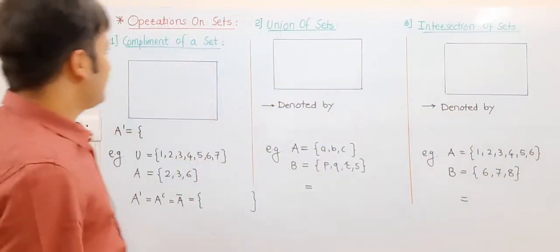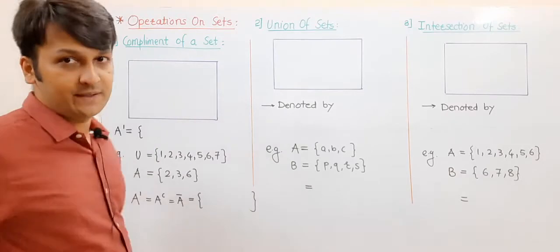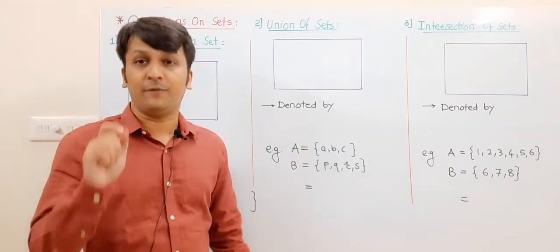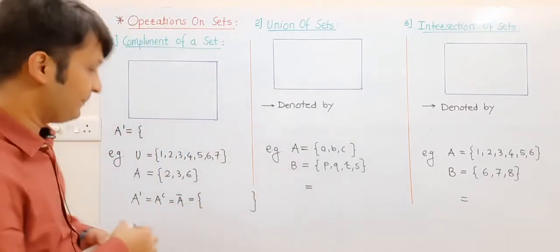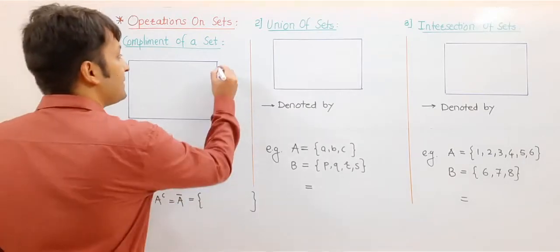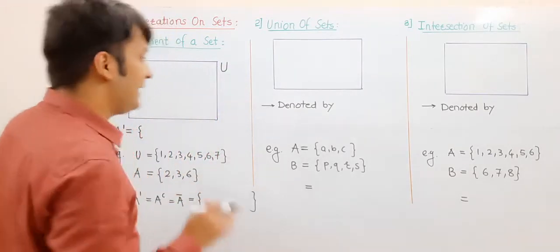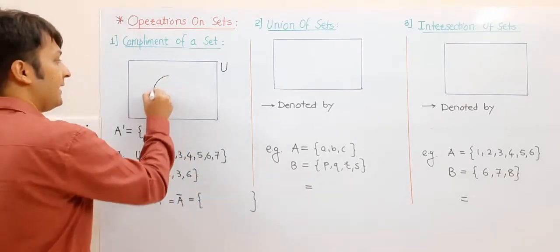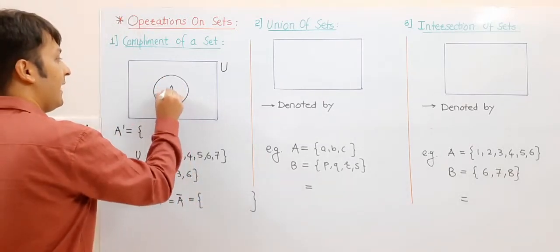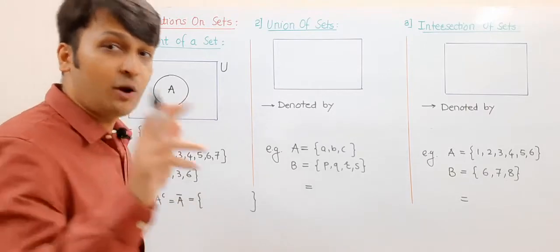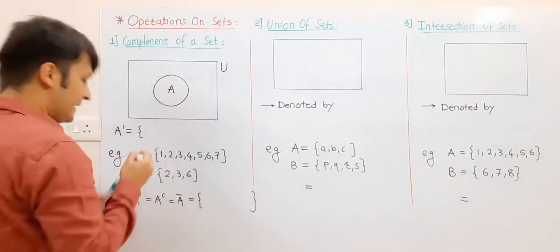Check this. The first operation is complement of a set. Check how to work on this one. Let me consider this as a universal set. I will consider the whole as a universal set, and I have one more set, and I will call that set A. Then what is complement?